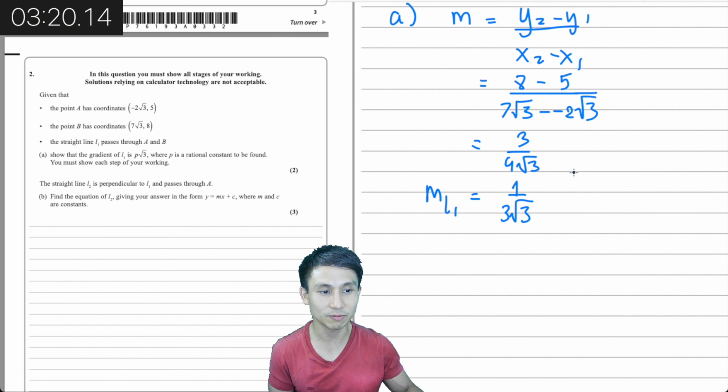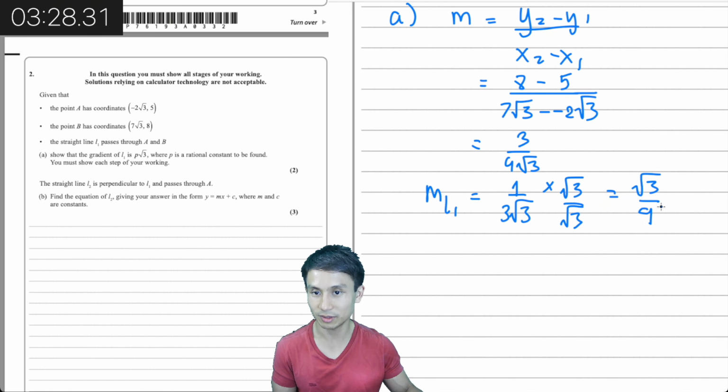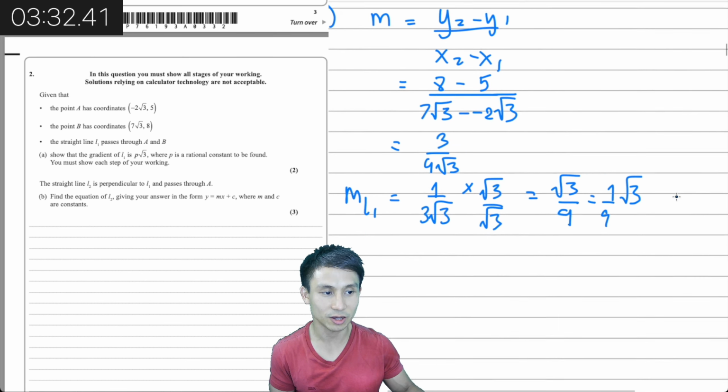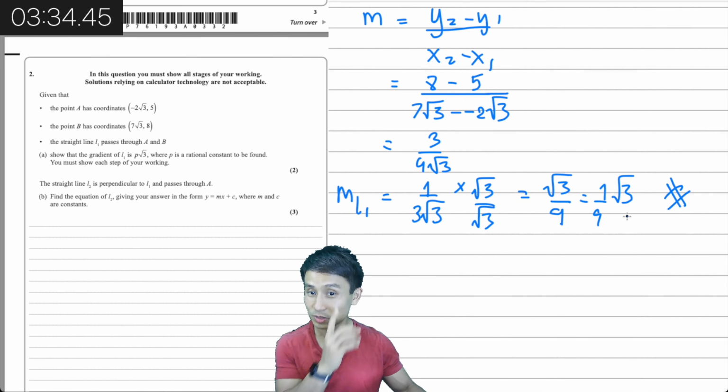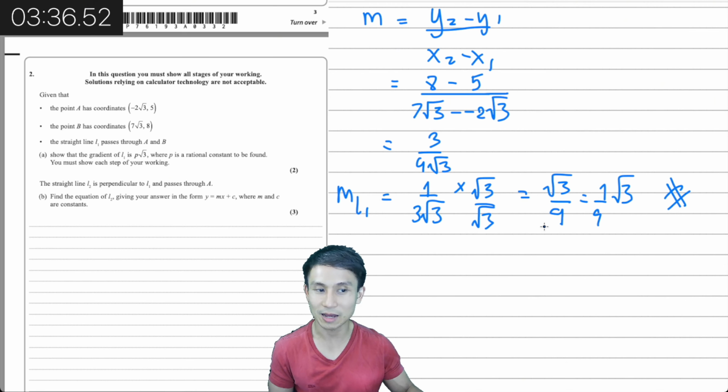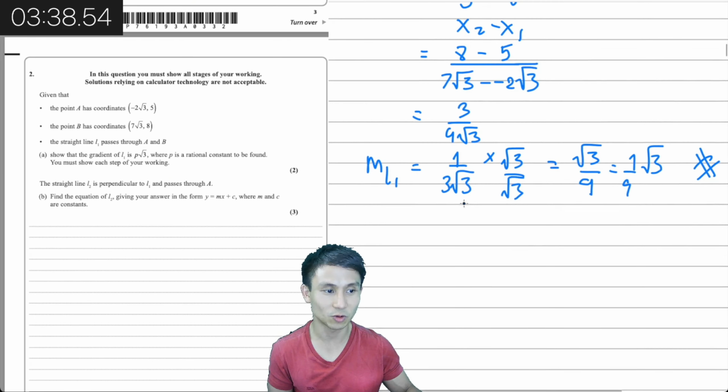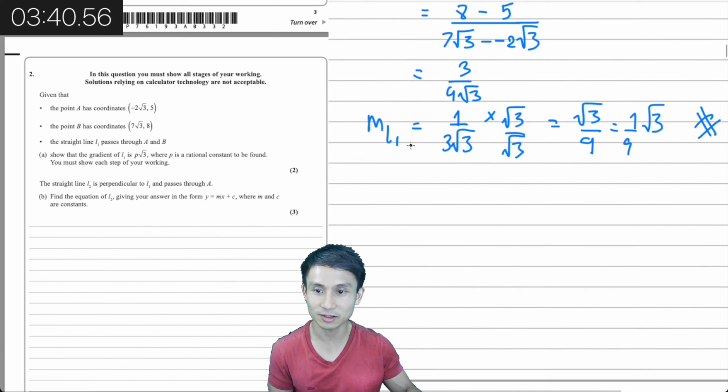But if we want to simplify, we can multiply that by root 3 over root 3. So we get root 3 over 9 down here. And that is just 1 over 9 root 3 as required, right? So we have shown that it is p times root 3. So 1 over 9 is the p in this case.